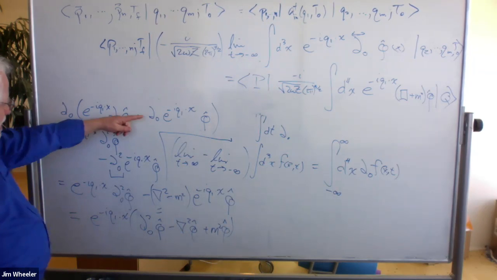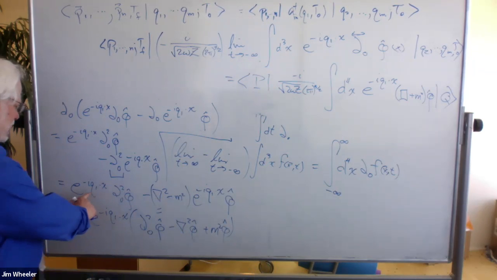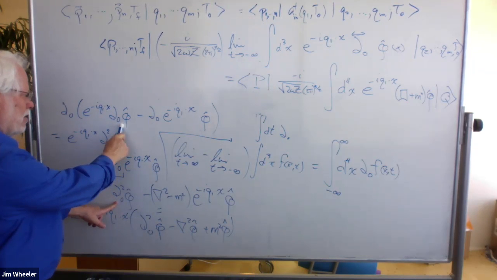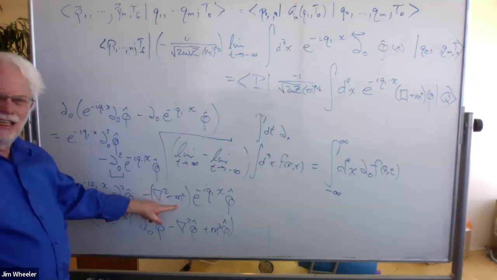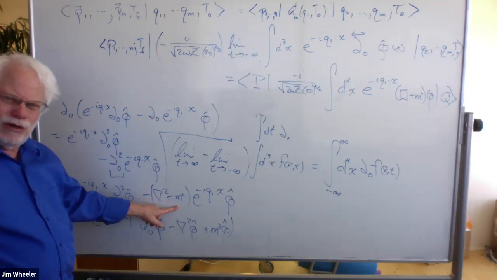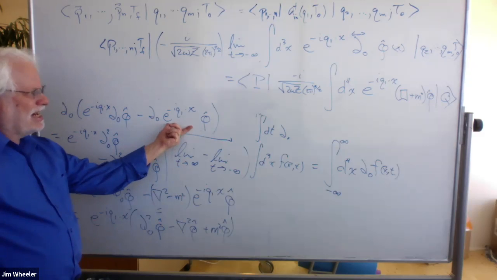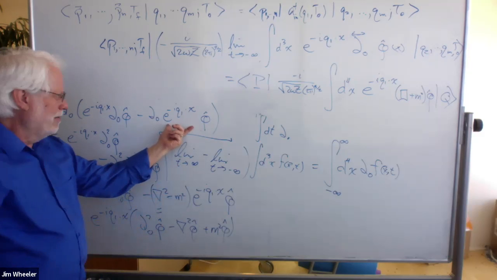That turns this back into a wave operator, sort of. It turns it into a second time derivative on phi, and a second time derivative here can be written as del squared minus m squared, because the plane wave satisfies the Klein-Gordon equation.